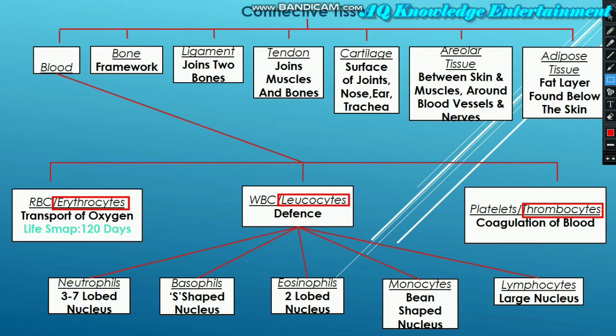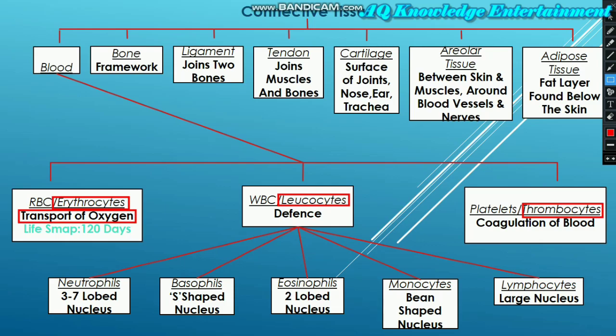First let me tell you something about the red blood cells. Why do you think they are called red blood cells? Because they contain hemoglobin, which gives them the red color. Now what do these red blood cells do? We obviously know that from before.